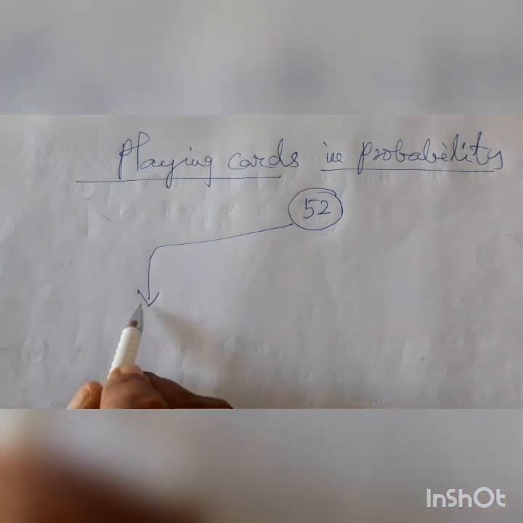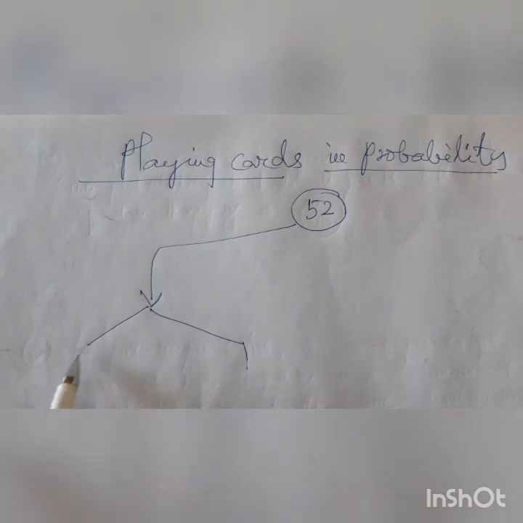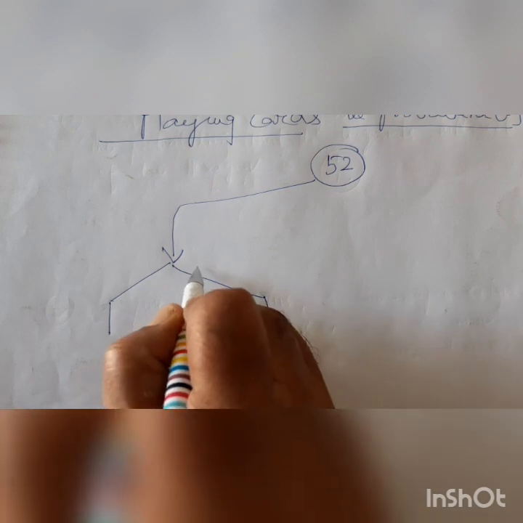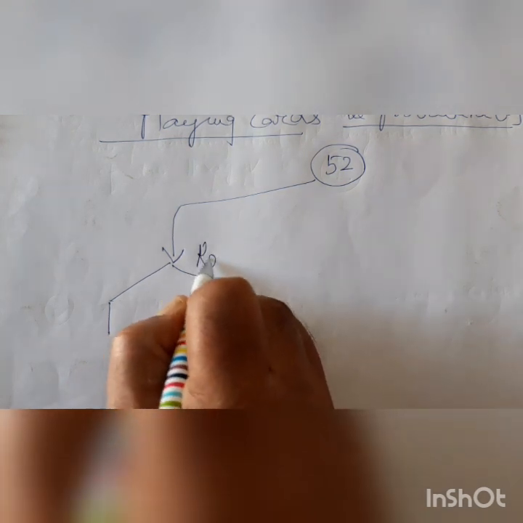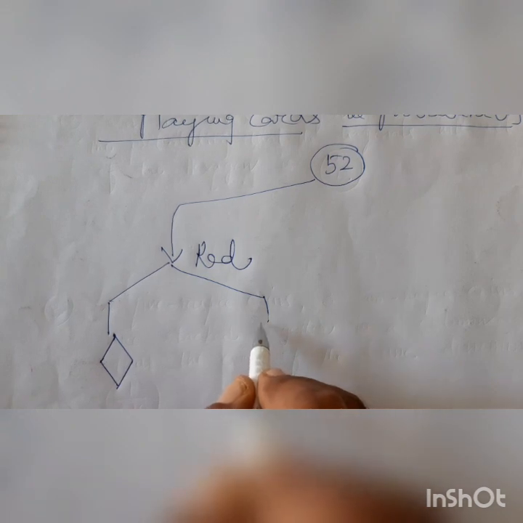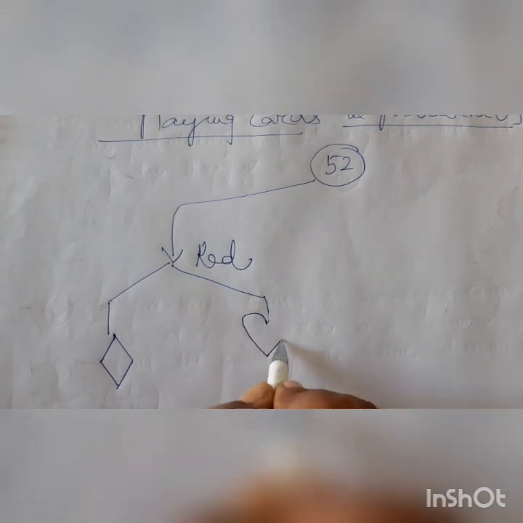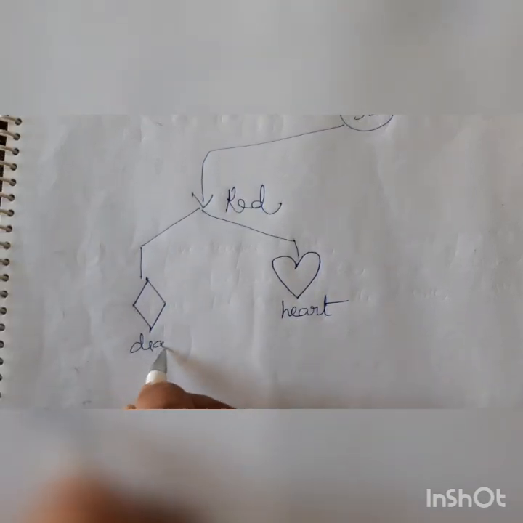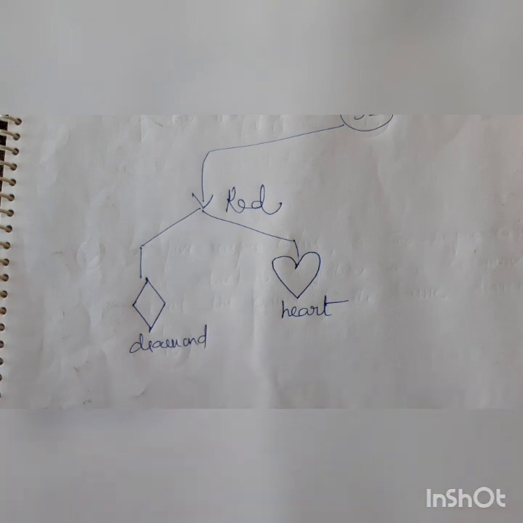Here, red: diamond and heart. Heart, diamond, heart. These are 13.